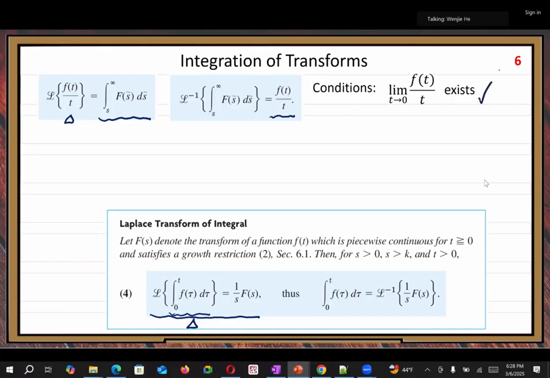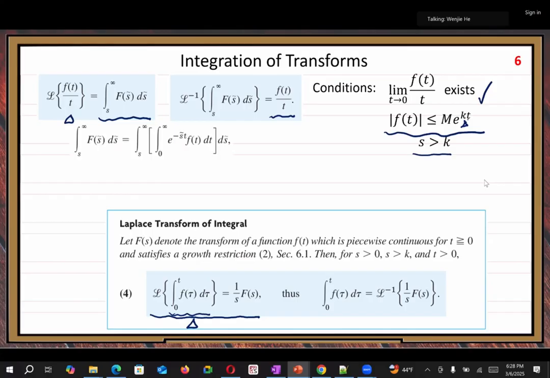Another condition is that the Laplace transform of little f exists, for s greater than k. Otherwise the Laplace transform does not exist.